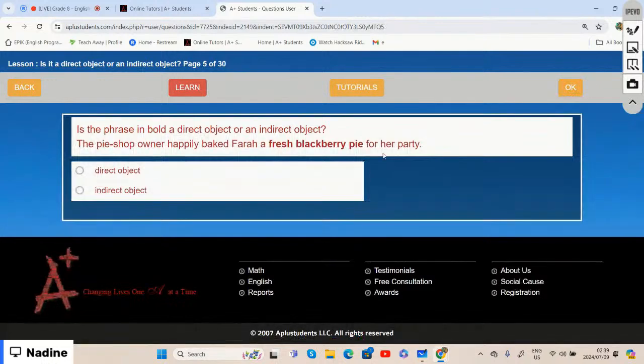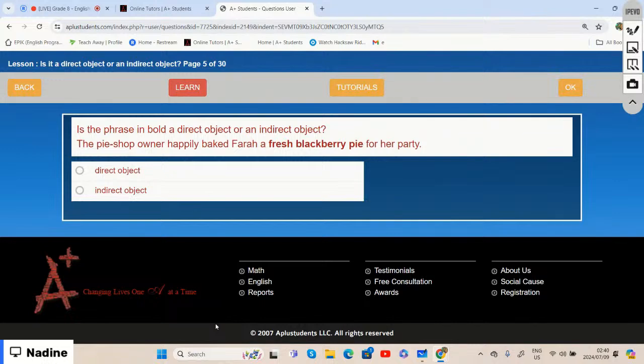We need to say if the phrase in bold, which is fresh blackberry pie, is a direct object or an indirect object.